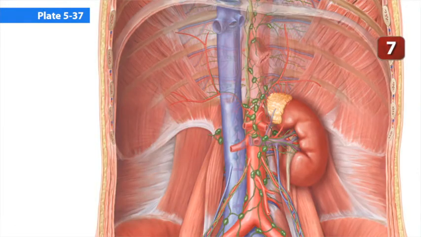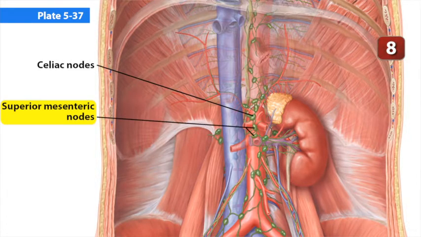The pattern of lymphatic drainage to the parietal lymph nodes is similar to the blood supply to the viscera. Lymph from the stomach, duodenum, pancreas, spleen, and liver collects in the celiac lymph nodes. Lymph from the jejunum, ileum, cecum, appendix, ascending colon, and transverse colon collects in the superior mesenteric lymph nodes.